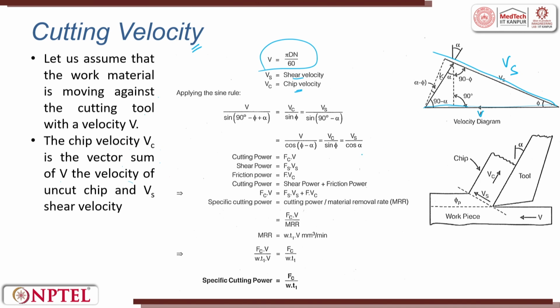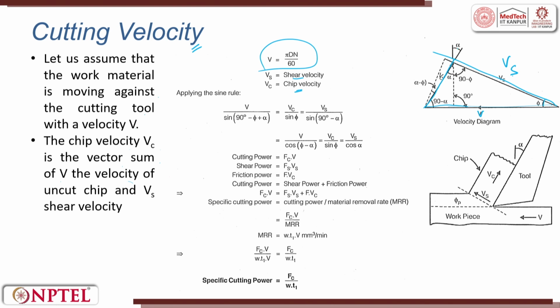V is the typical pi d n. Now, we have to find the relationship between V and Vs with respect to Vc. This is the chip velocity, normal to Vs and to V; we draw a normal, and that is called Vc. The shear plane angle phi is the angle between V and Vs.